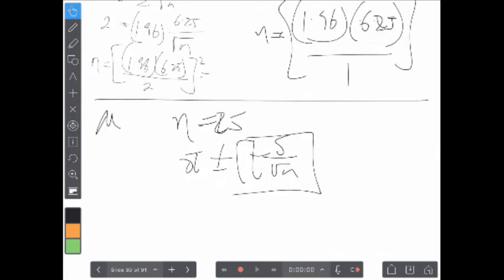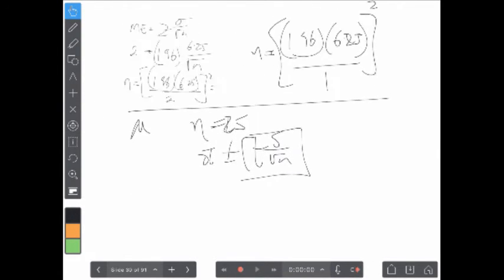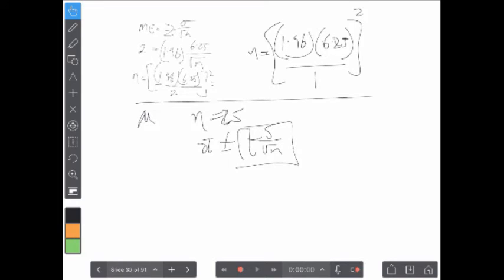The reason for that is t is a function of the sample size. And because we're trying to calculate the sample size, we do not yet know what the sample size is, therefore we won't know what t is. And so we cannot use t, because t is a function of the sample size.